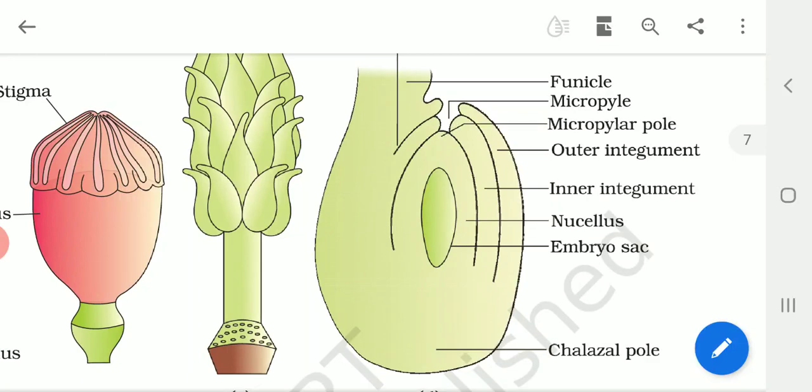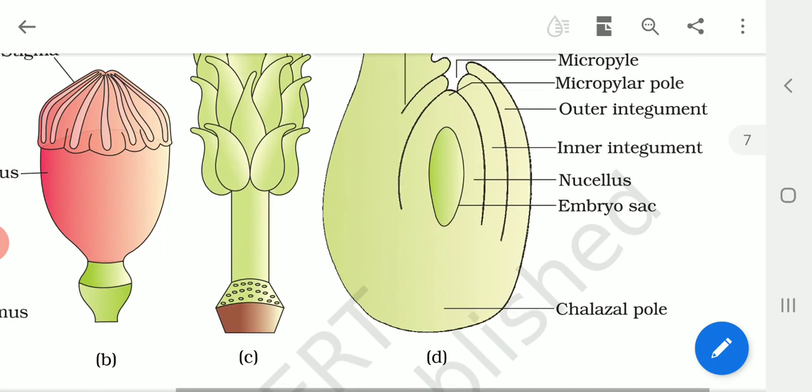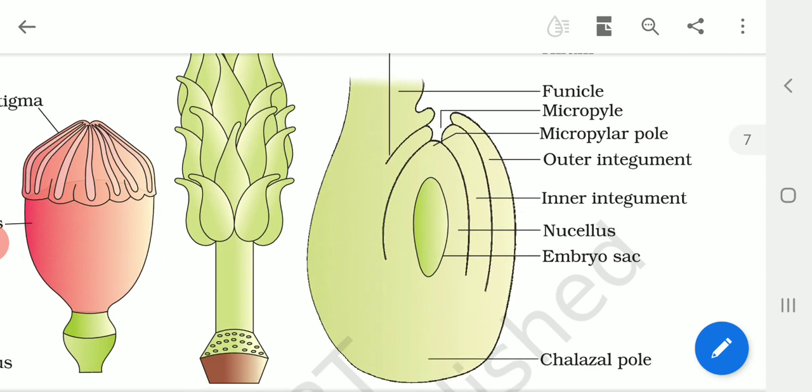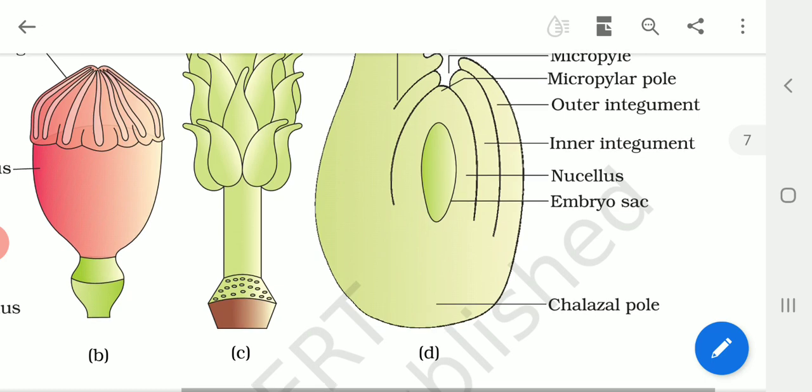These are protective in nature, right? These integuments are not fused, they leave a small opening at the tip, and that is called micropyle. The end opposite to micropyle is called chalazal pole. So micropyle is that end where the integuments do not fuse, and the chalazal pole is opposite to the micropylar end.